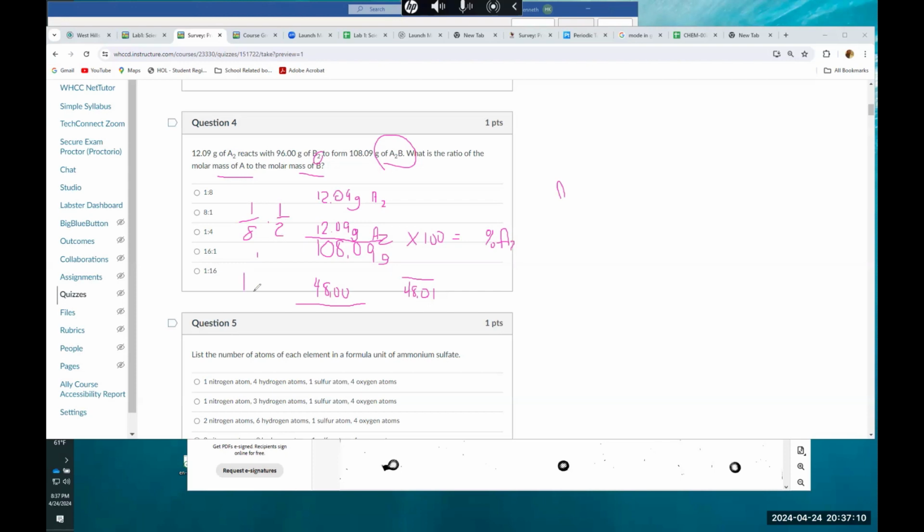That would be 1/16. So for every 1 A we have a 1/16 ratio. Does that make sense?